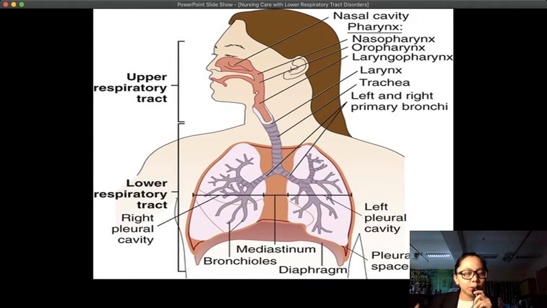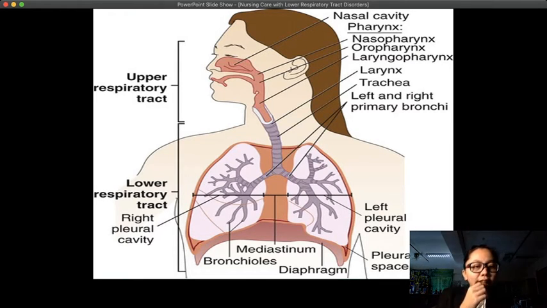And in the upper respiratory tract, we have nasal cavity, we have pharynx, and under the pharynx, there are nasopharynx, oropharynx, laryngopharynx, and then your larynx, your trachea, your left and right primary bronchi, and in the lower respiratory tract, right pleural cavity, okay, bronchus, mediastinum, diaphragm, left pleural cavity, and the pleural space.